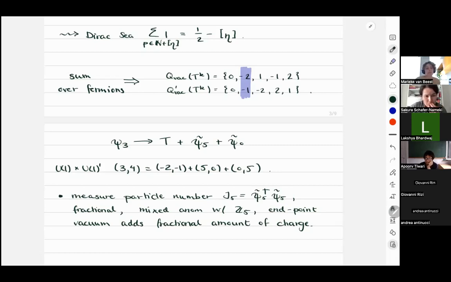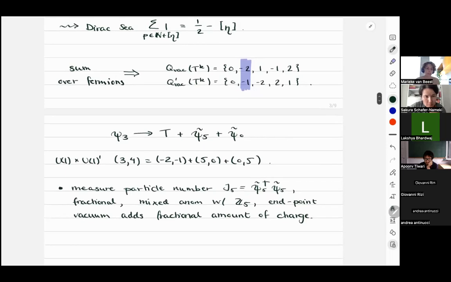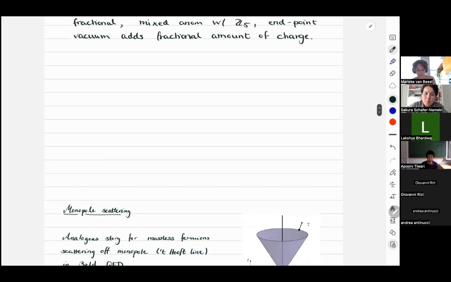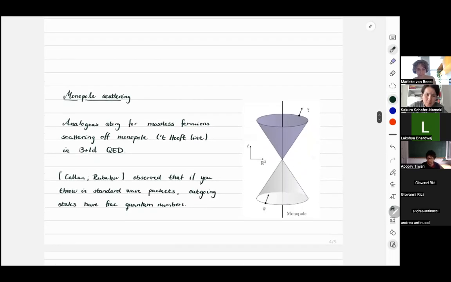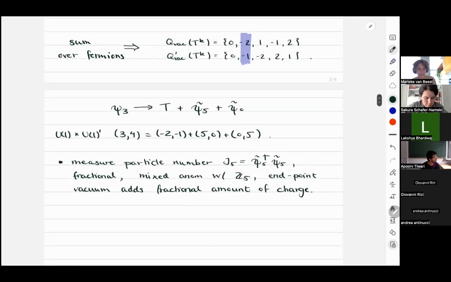Well, it also has to sit inside the flavor symmetry group. It can only be two because it has to sit inside the left and right moving flavor symmetry. But in principle, you have 4 U1s, right? Because you have 4 fermions, so you can assign different charges to all the fermions.